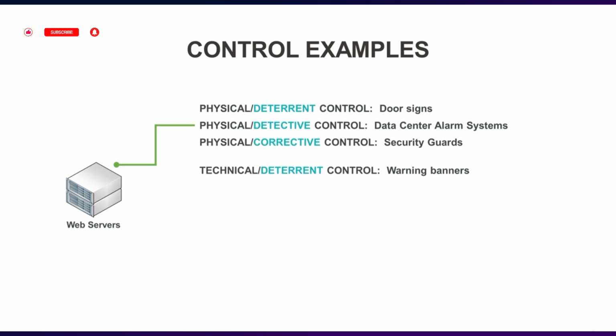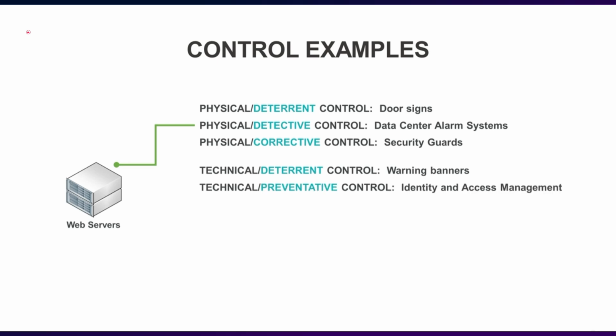However, if they do try to log in, a technical preventive control would be identity and access management, or identification and authentication. You are going to claim to be somebody, but we want to authenticate that you are who you say you are. So our identity and access management would prevent you from accessing the web server if you were not authorized to do so.